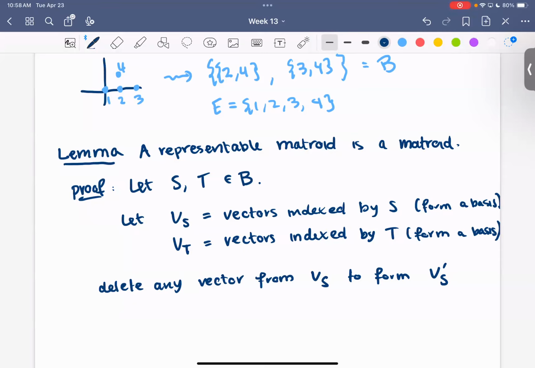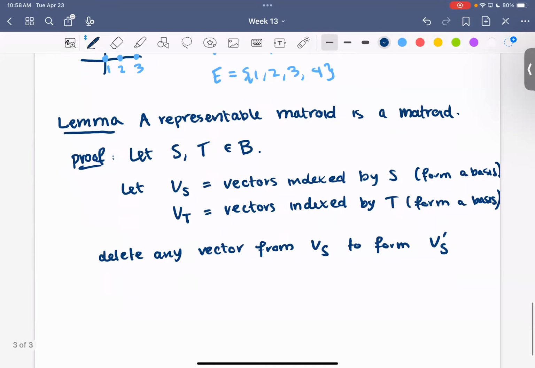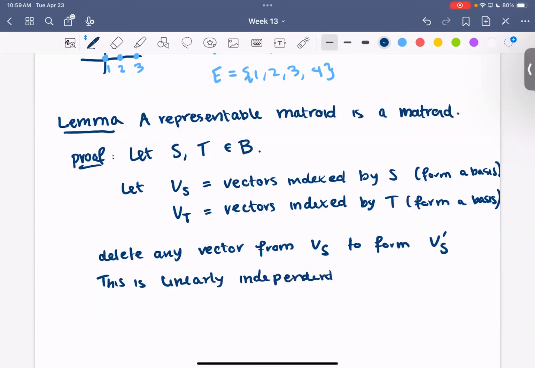Then this is a linearly independent set. And then let's look at VS prime union VT. This is a spanning set, since VT by itself is already a spanning set.